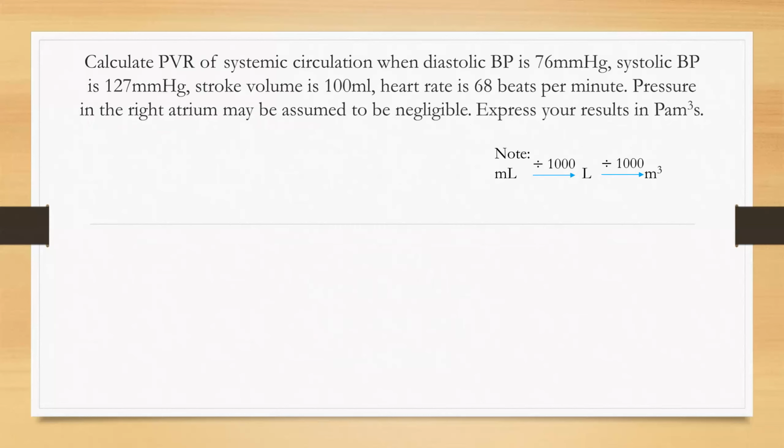Calculate PVR. Now, what is PVR? PVR is nothing but resistance. Resistance, as I told you earlier, is related to clotting, which causes narrowing of the blood vessels, mainly arteries, and sometimes there is also a deposition of calcium, which causes narrowing of the diameter.